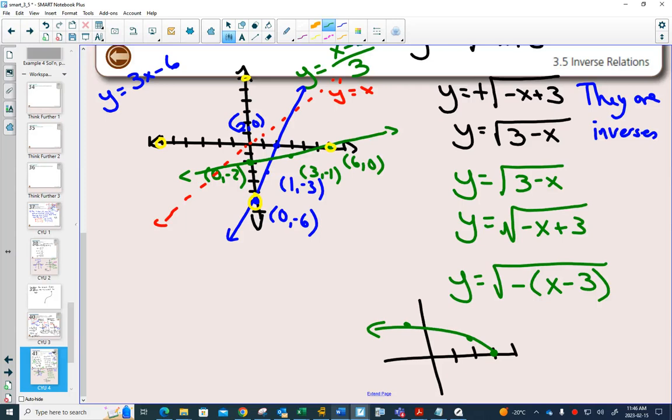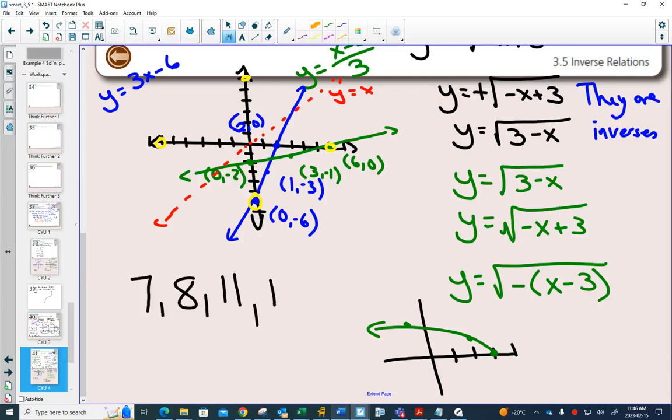Which would look like this. That's how you would graph that function. Tricky because it has that factored form in it. Also tricky because of how it was originally written as 3 minus x. So you have to sort of rearrange it to how we're used to graphing these so that we're able to figure that out.